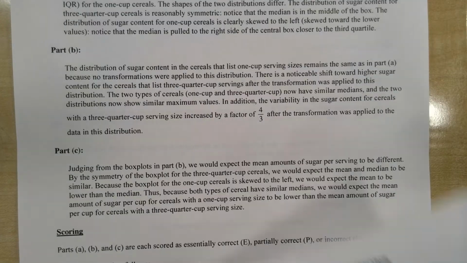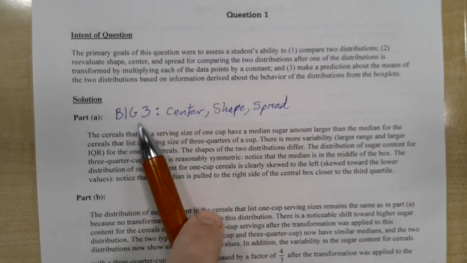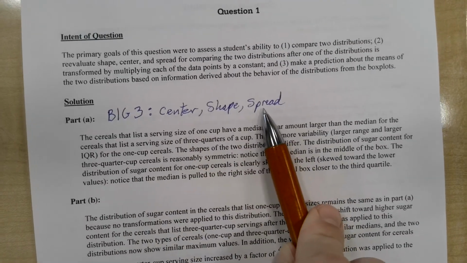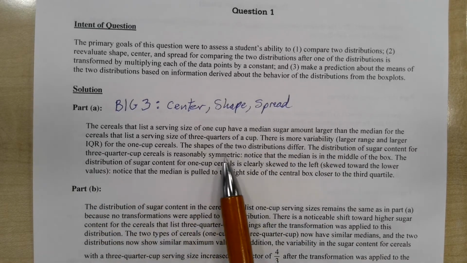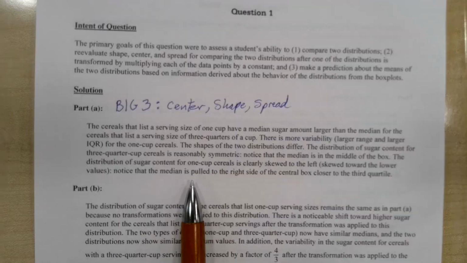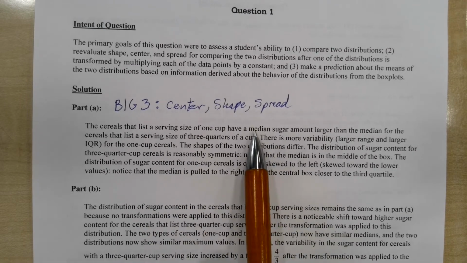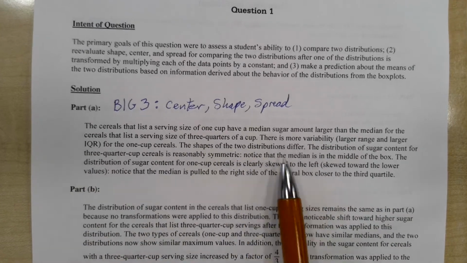Let's check out the scoring guide to see what they said. Okay, I wrote it again, big 3: center, shape, spread. That's what you want. Now you're going to notice when looking at this scoring guide, they didn't use numbers. They described everything I just said, but they didn't say numbers, right? It says the median is larger than the other median.